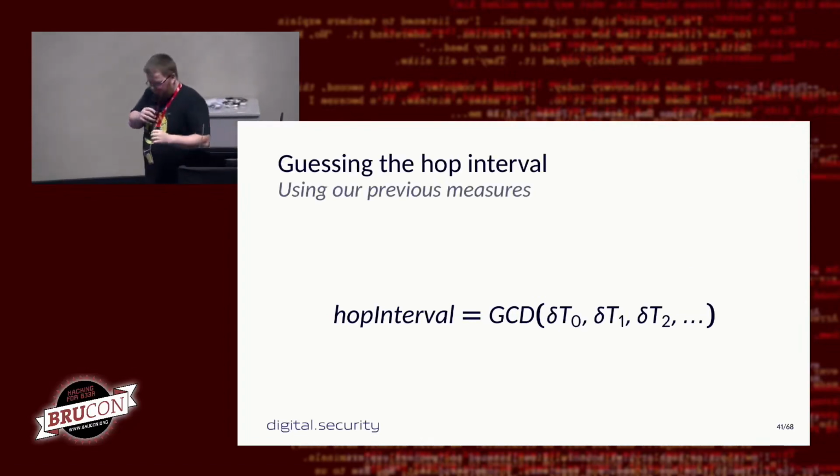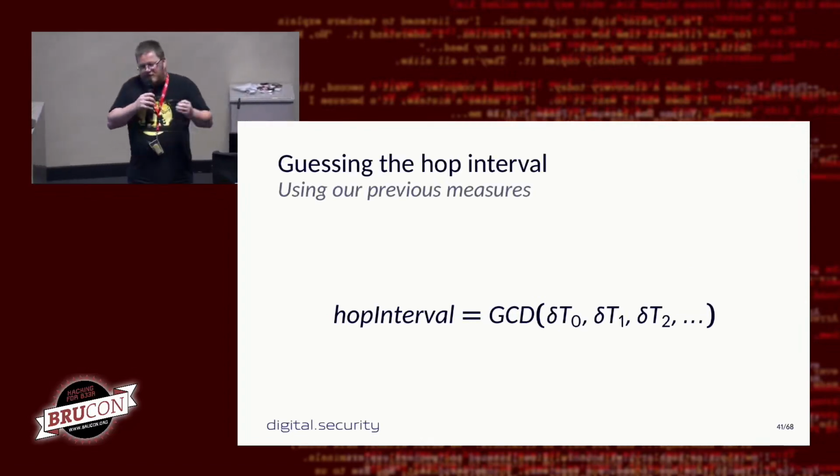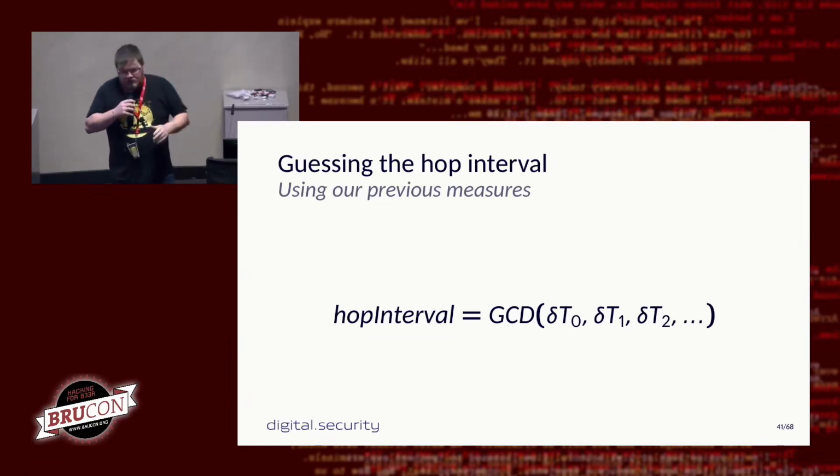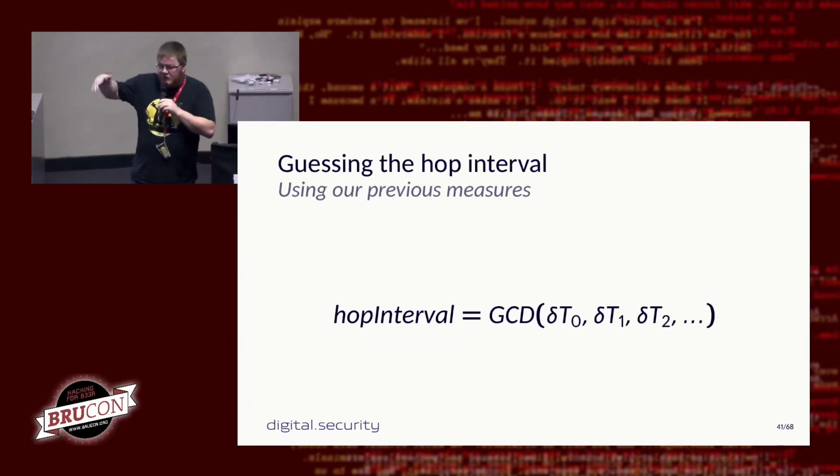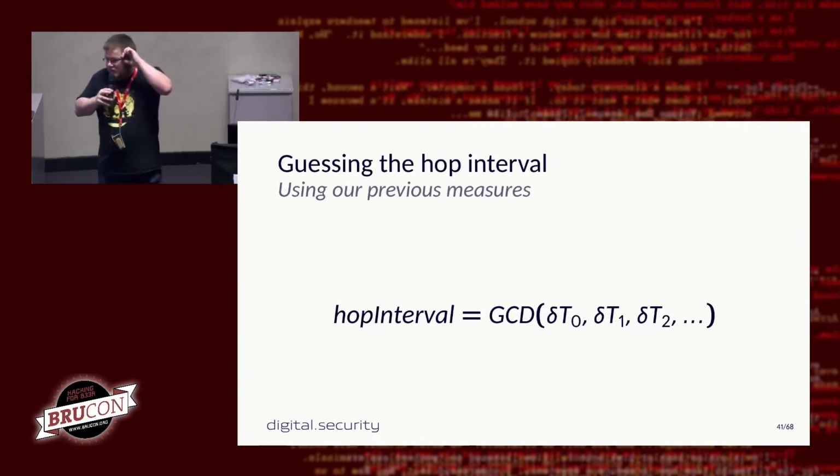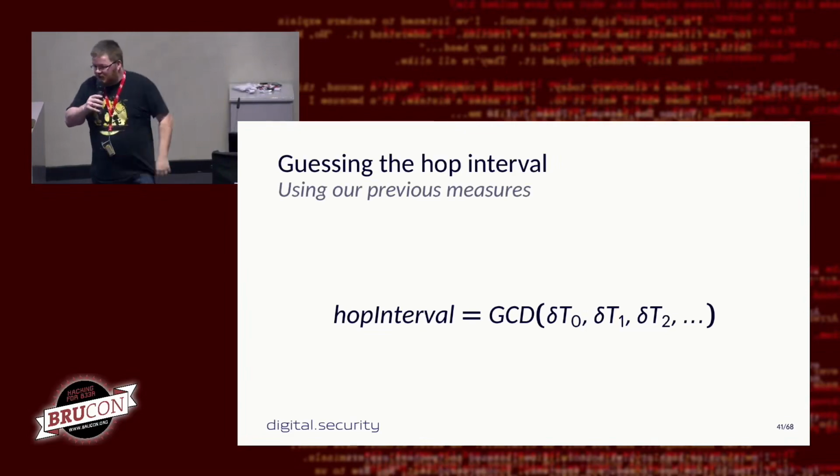This hop interval value can be computed based on time differences. We can sit on a channel, wait for a packet, do the same on another channel, and of course, you are going to capture various packets with different hops. First one, let's say, will be 5 hops, the second one, 2 hops, and so on.